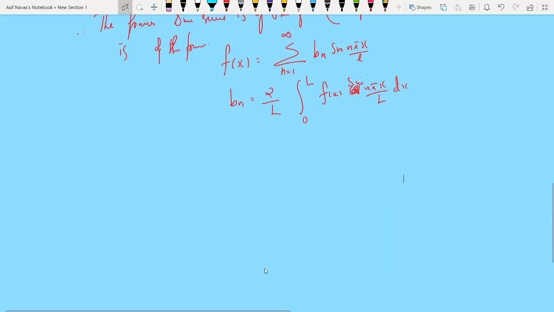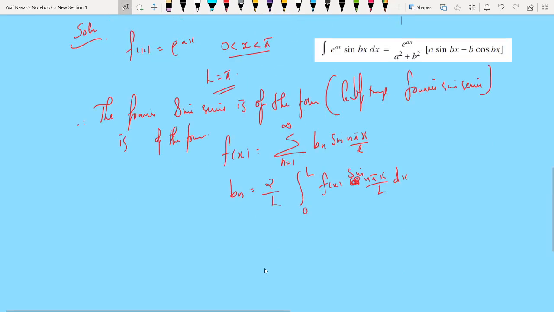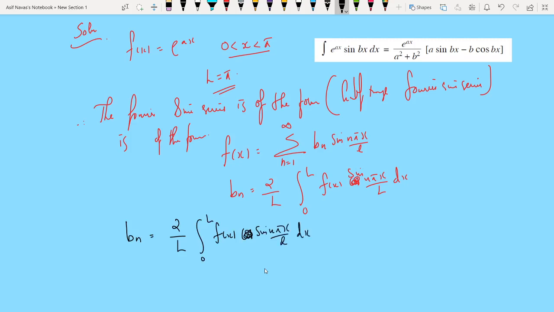So now we will find bn. In order to find bn, we already have a formula. First we write what bn is. bn is equal to 2 by l integral 0 to l f of x sin n pi x by l dx.